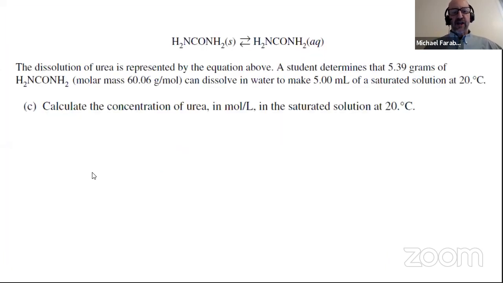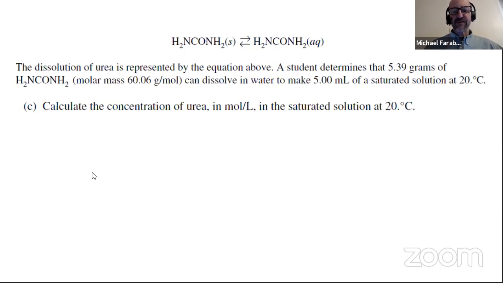So you are given in this particular question an equation in which a substance is going from a solid to an aqueous species. This is called urea, and it has the chemical formula H2NCONH2.